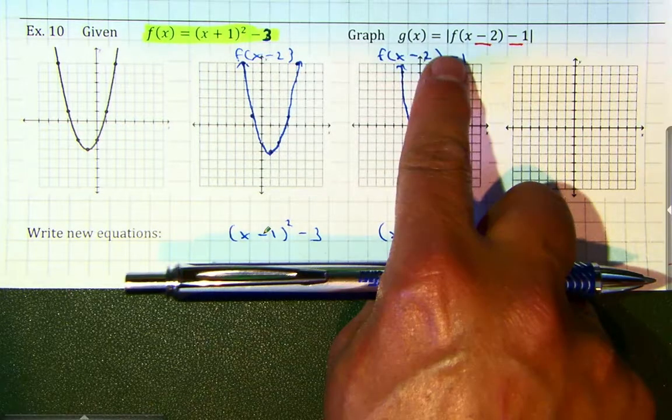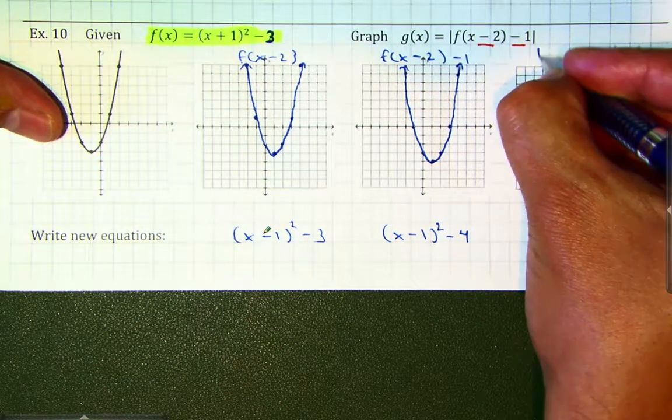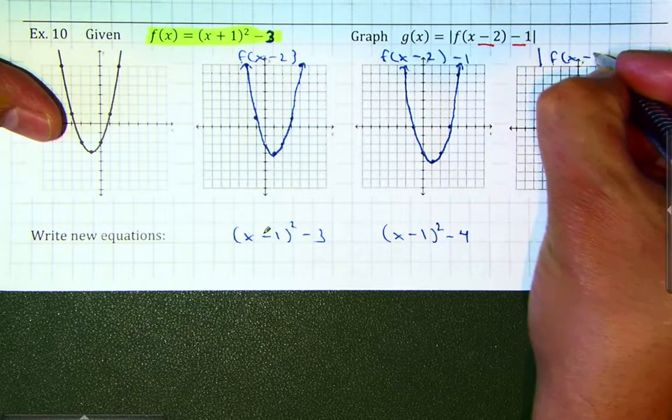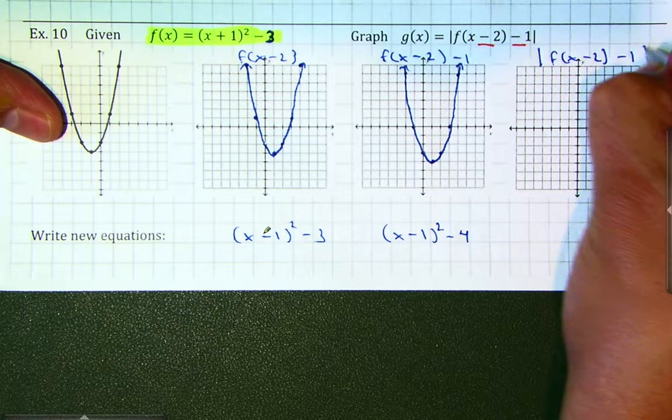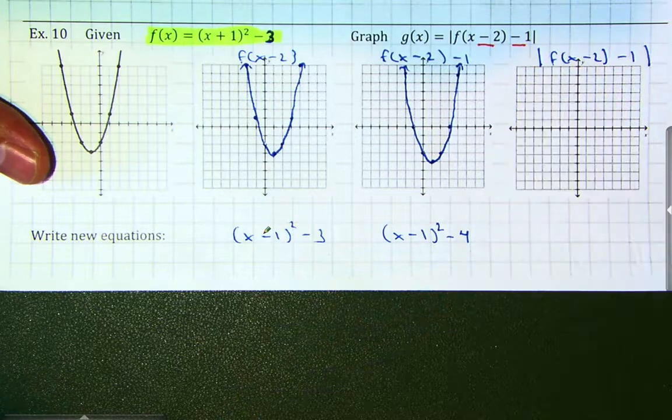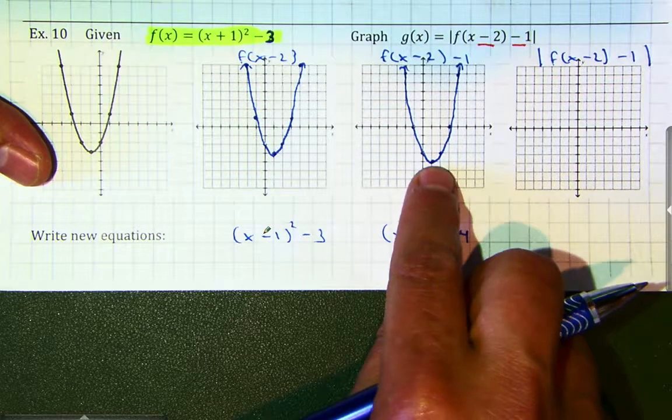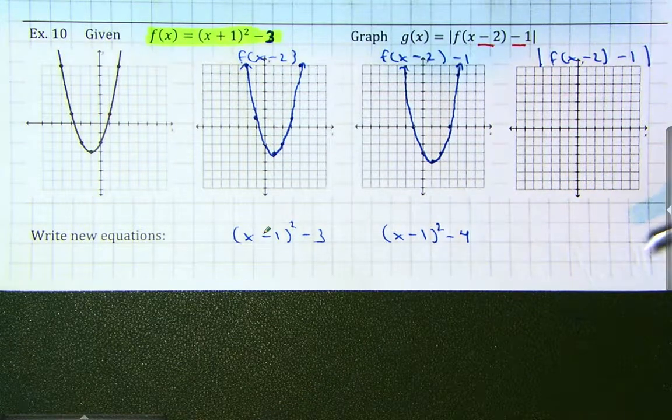Now the absolute value. So that is the question. What does absolute value do to the graph? What is an absolute value? Absolute value will make all the negatives into a positive.